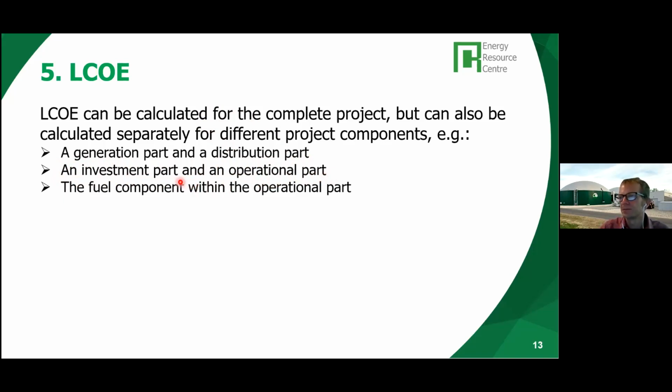For projects that have high investment costs upfront and lower operating costs, like solar systems, for example, or especially also hydro plants, you may see that by far the largest component of the levelized costs are related to the investment, and only a small part would be related to the operating cost.